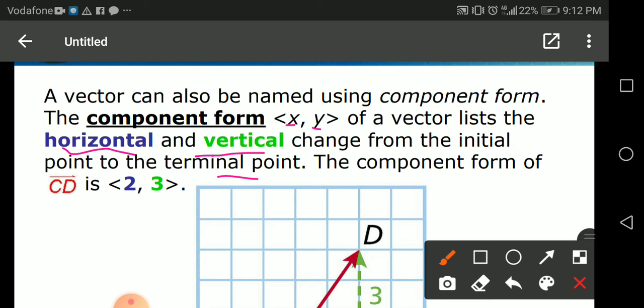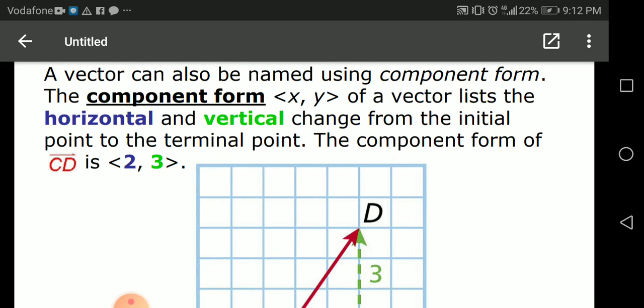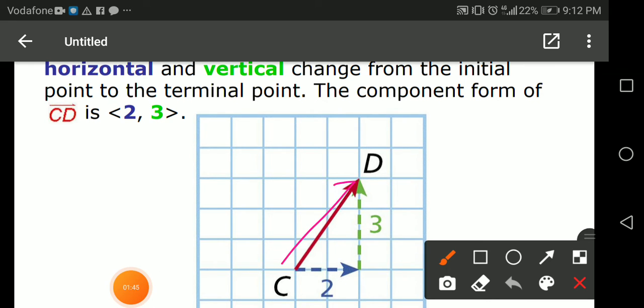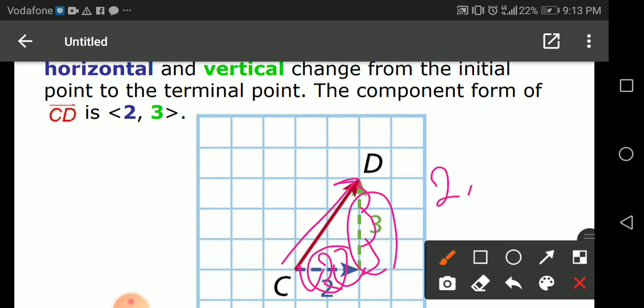Here we have the component form of vector CD. From the starting point, the initial point, we moved 1, 2, so we got 2, and then we go up 1, 2, then 3. So the components here are 2 and 3.